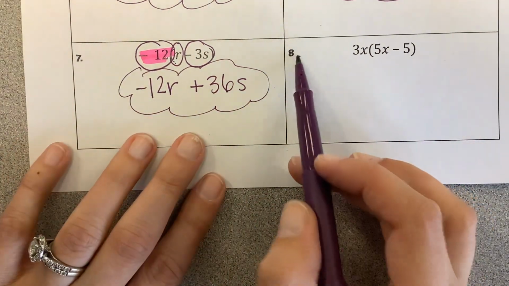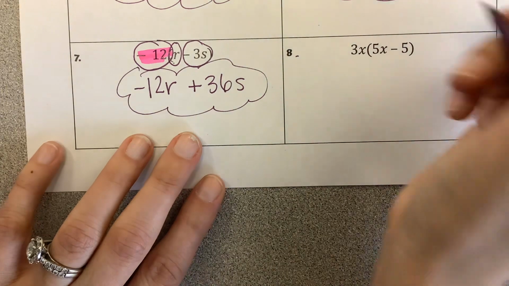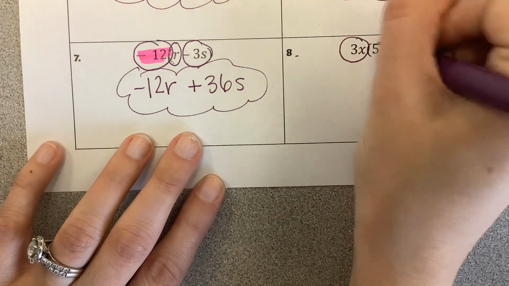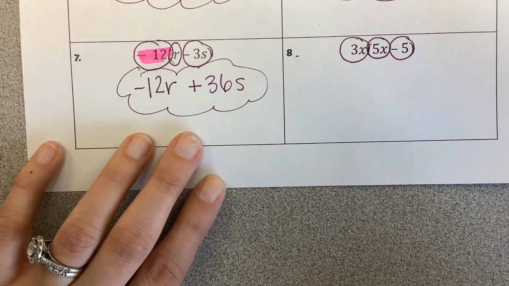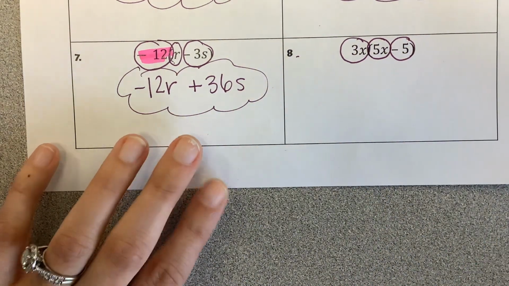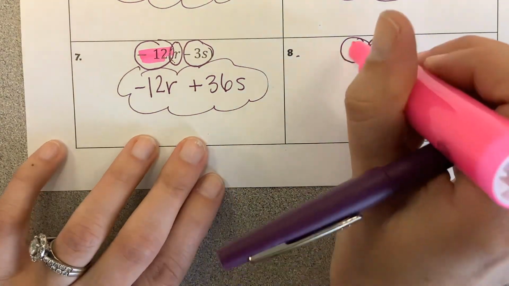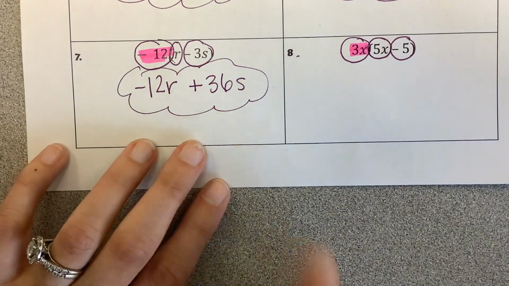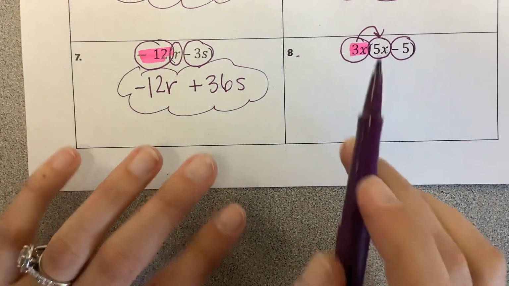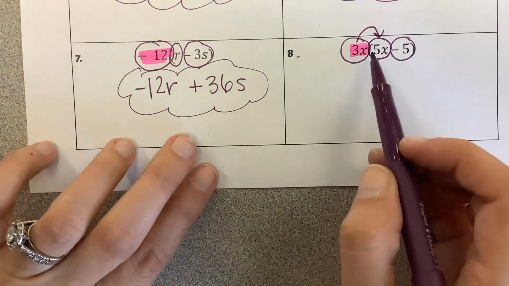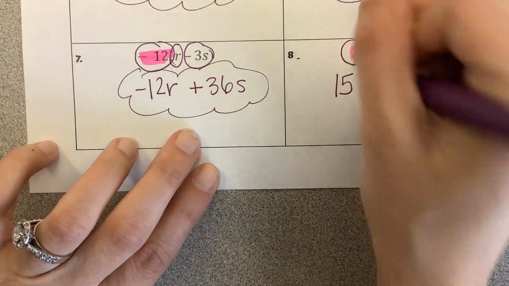And again, I'm going to jump straight from the problem to the answer. We have positive 3x times positive 5x and a negative 5. So the number we are distributing is the 3x. A little bit different because we have a variable here. So when I am multiplying, 3 times 5 is 15.